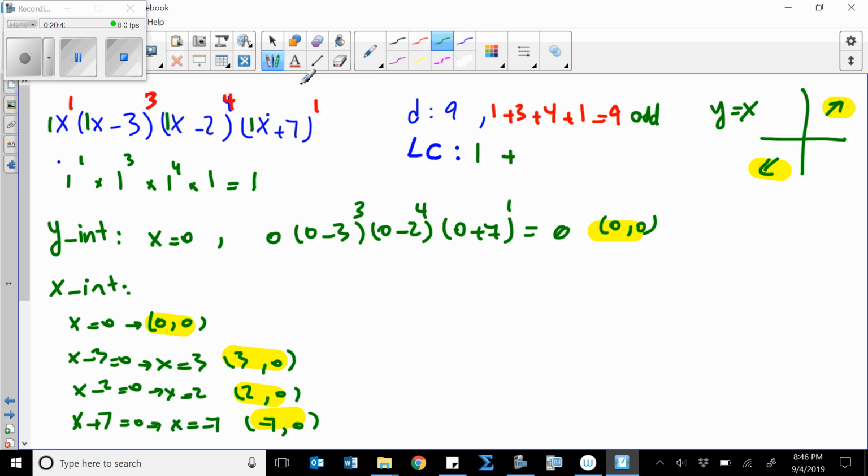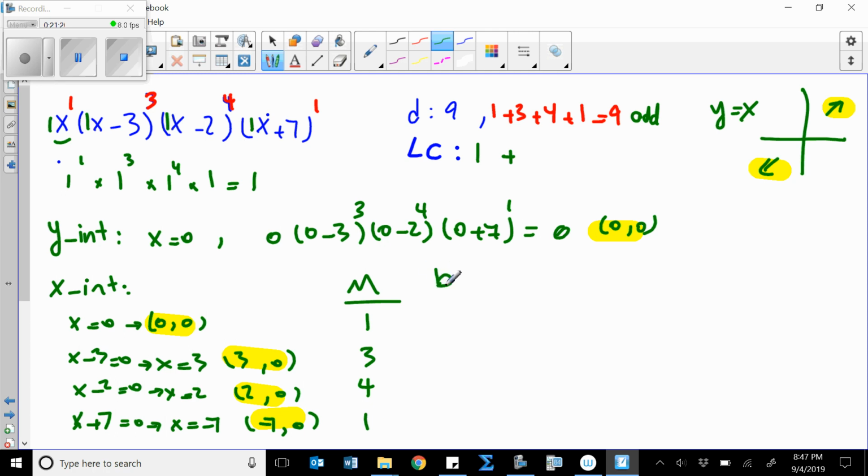The last thing that I need to figure out is the multiplicity of all these zeros and the behavior of the function at these zeros. For x equal to 0, which comes from this factor, the exponent is 1, so multiplicity is 1. For x minus 3, the exponent is 3, so that's the multiplicity. The exponent is 4 for x minus 2. And the last one, x plus 7, comes from here. The exponent is 1.